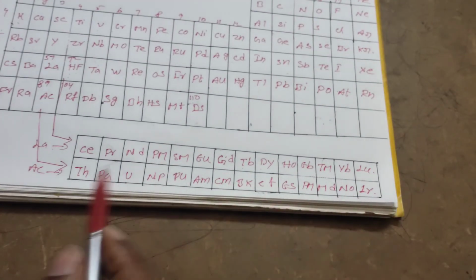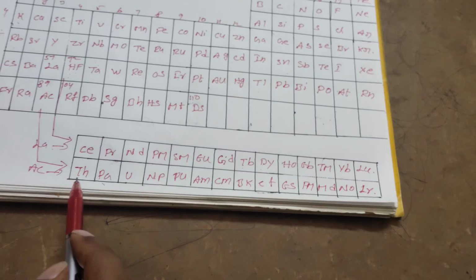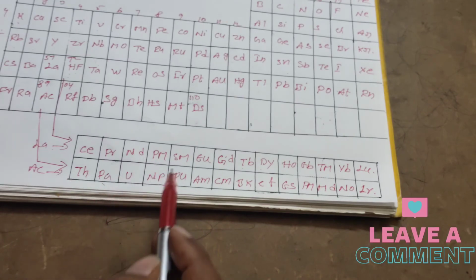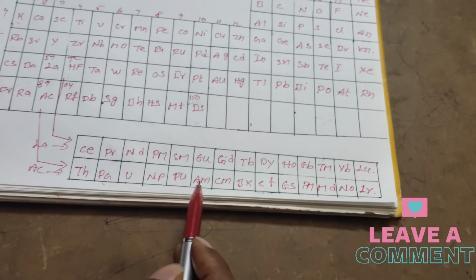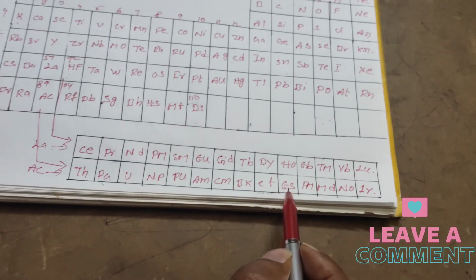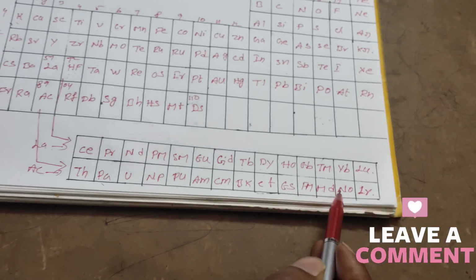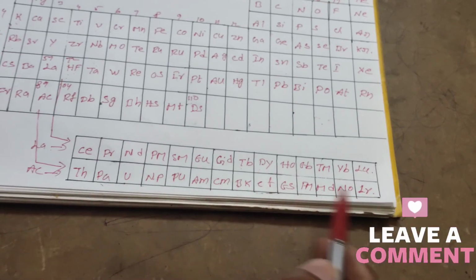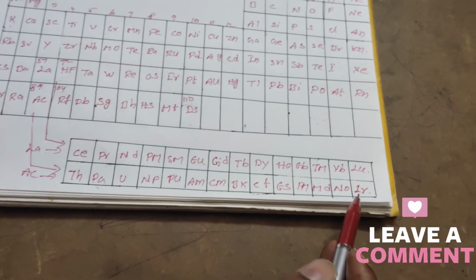Once again, the actinoids are thorium, protactinium, uranium, neptunium, plutonium, americium, curium, berkelium, californium, einsteinium, fermium, mendelevium, nobelium, lawrencium. These 14 elements are called actinoids.